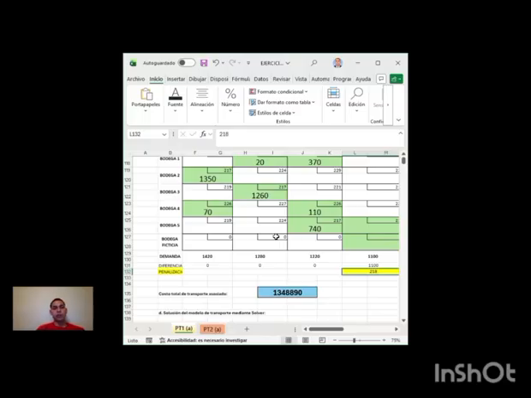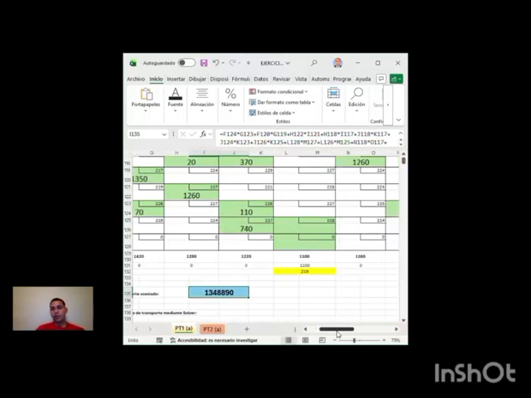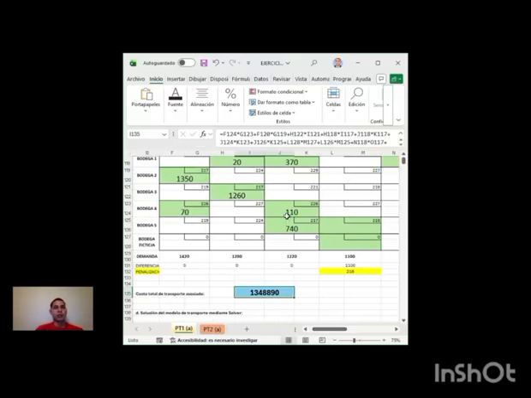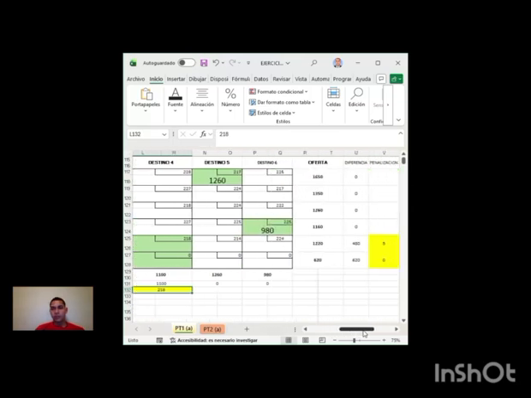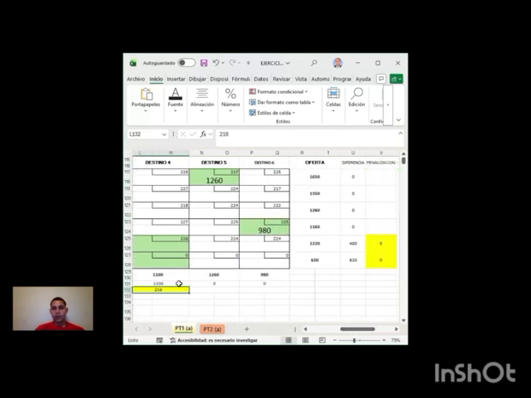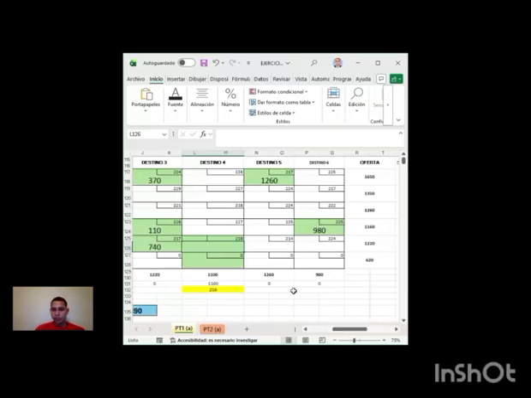To finish, once we have all the allocations in the table, we multiply the assigned units by their corresponding transport costs and sum them up.